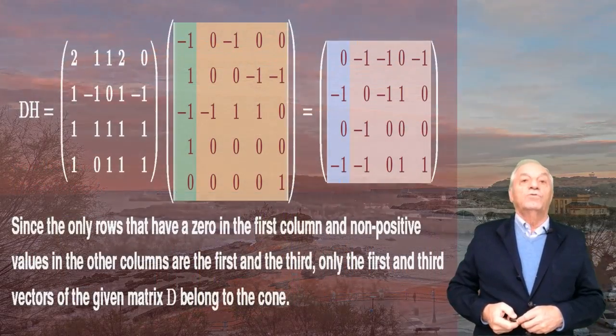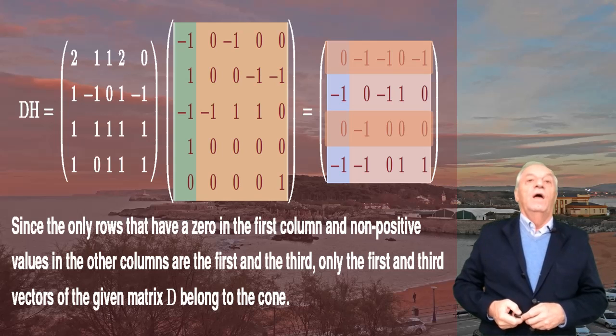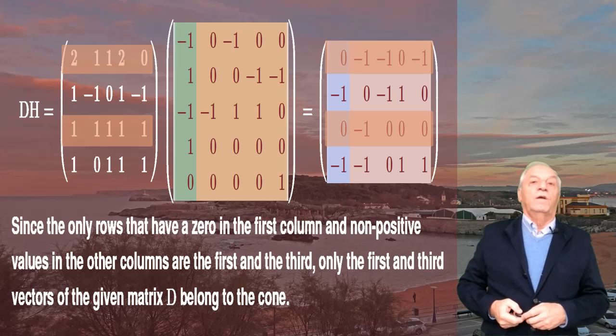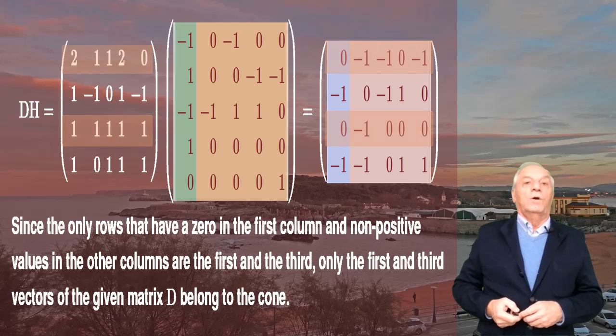Since the only rows that have a 0 in the first column and non-positive values in the other columns are the first and the third, only the first and third vectors of the given matrix D belong to the cone.